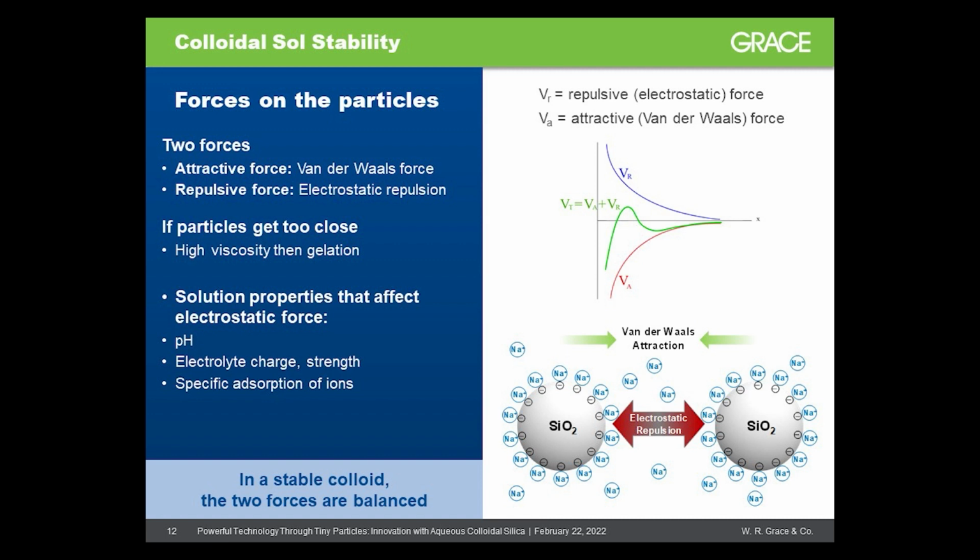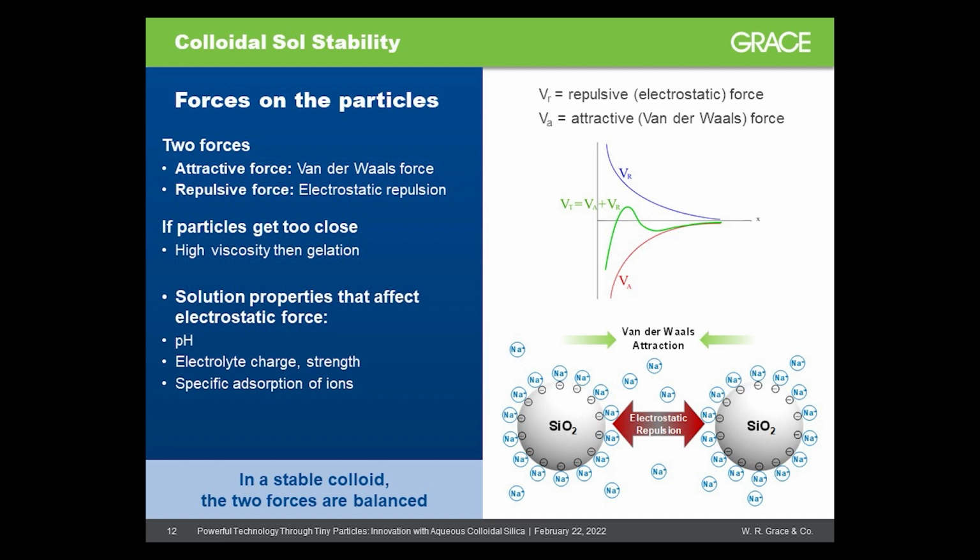Unlike the electrostatic force, the van der Waals force is attractive, as shown in the red curve. If the electrostatic barrier can be overcome and the particles come close enough, the particles will bond together to form larger aggregates. These can precipitate out of the suspension if they are large enough. In a stable colloidal system, these two forces are nicely balanced, giving rise to a potential energy curve as shown in green.